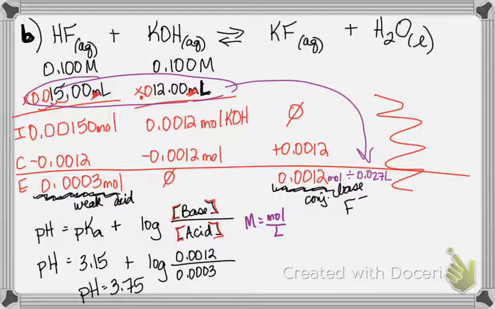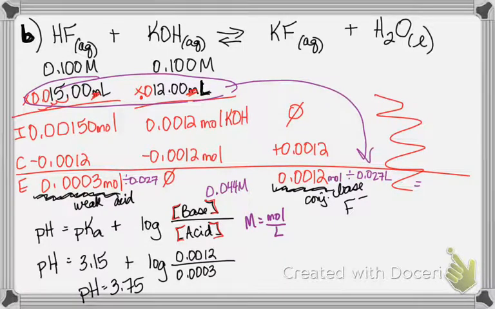So 0.0012 divided by 0.027 means the molarity of the base is really 0.044 molar. But I also have to divide the acid by 0.027.